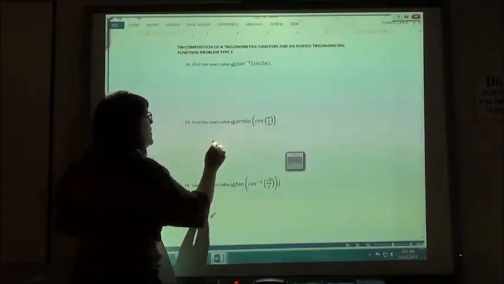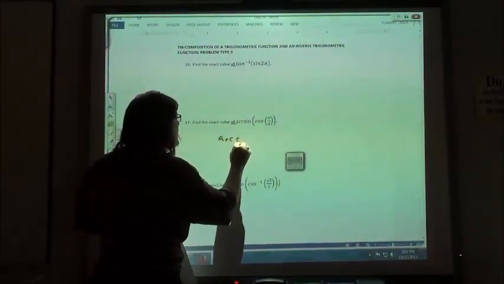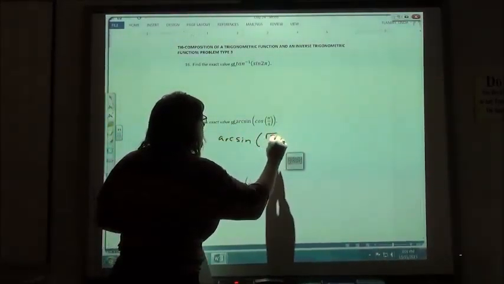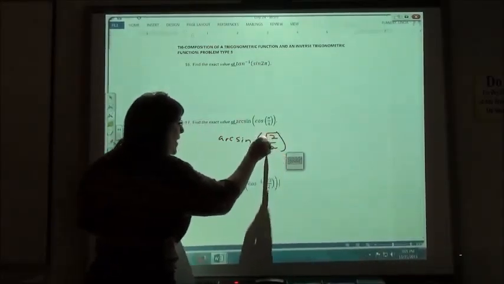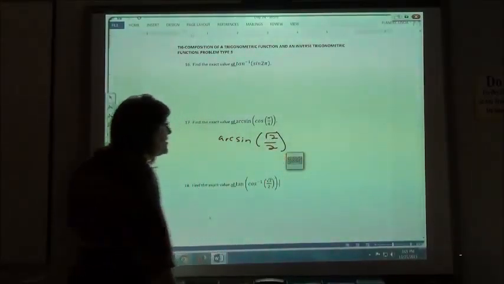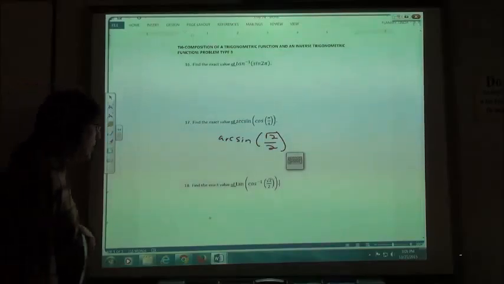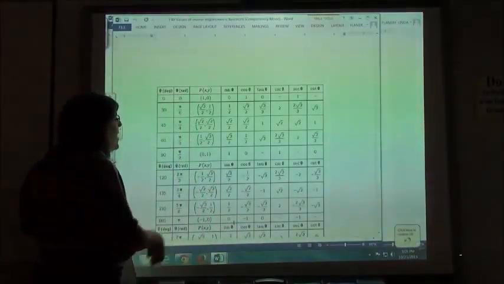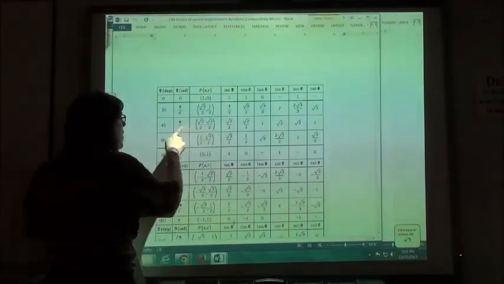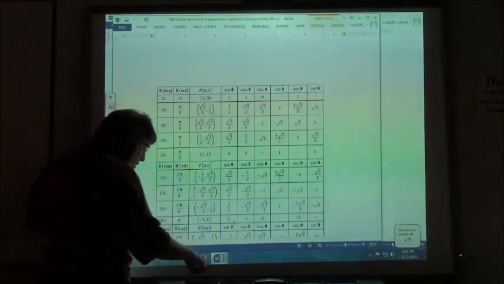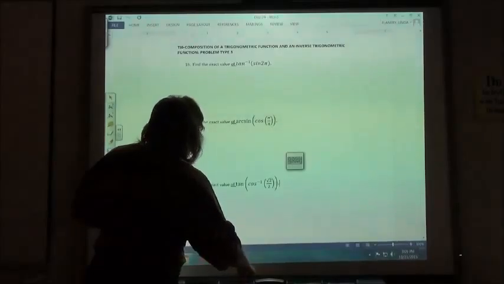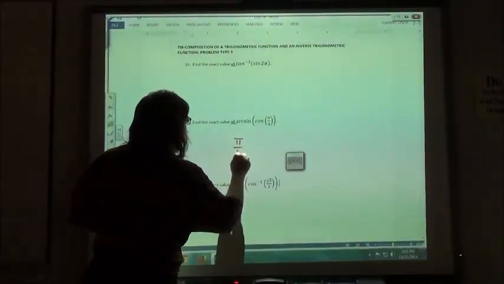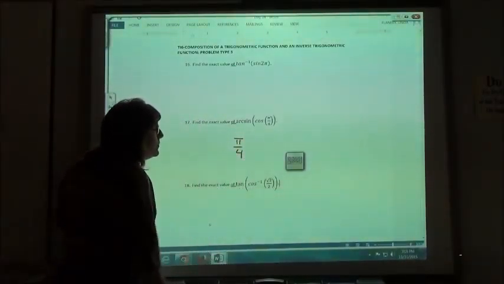So I am then going to do the inverse sine of square root of 2 over 2. That's a positive value. Since it's positive, we're going to be looking in quadrant 1. So, looking in quadrant 1 for the sine being square root of 2 over 2, we get pi over 4. So pi over 4 happens to be my answer.